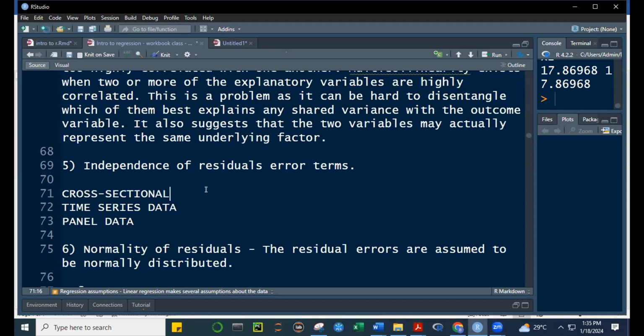Yung time series, 1970, 1971, 1972, yung data na yan, class, hindi pwedeng i-jumble-jumble yan. Hindi pwedeng, I feel that, I think it's better to put 2023 first, and then next follows 2017, and then 1998. Okay, because if you can change the order of your data, then the position of the residuals will change, right?